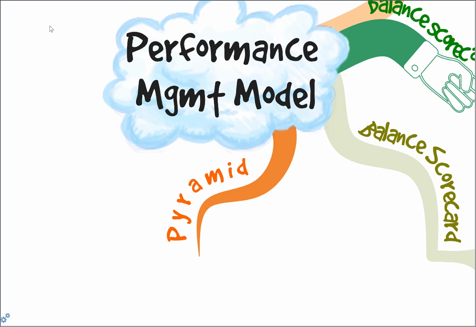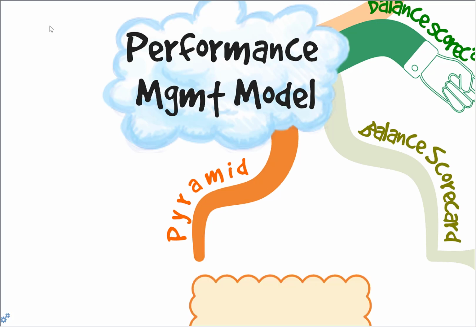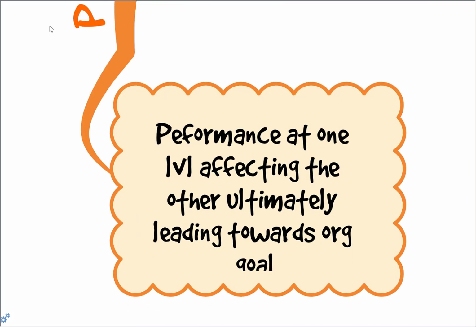Now, what is so unique about the performance pyramid? The uniqueness of the performance pyramid is that this particular model acknowledges that the performance at one level in an organization affects the other, ultimately leading towards the organization goal.